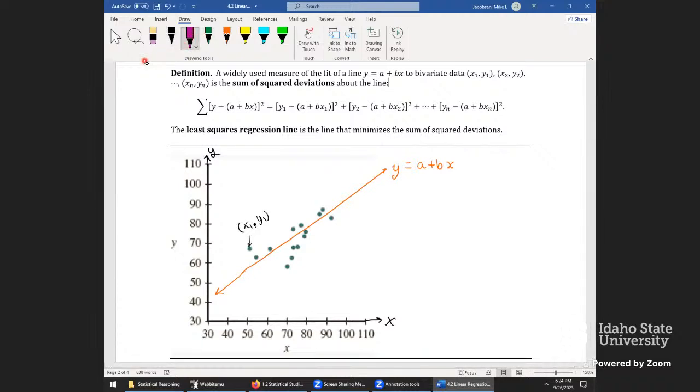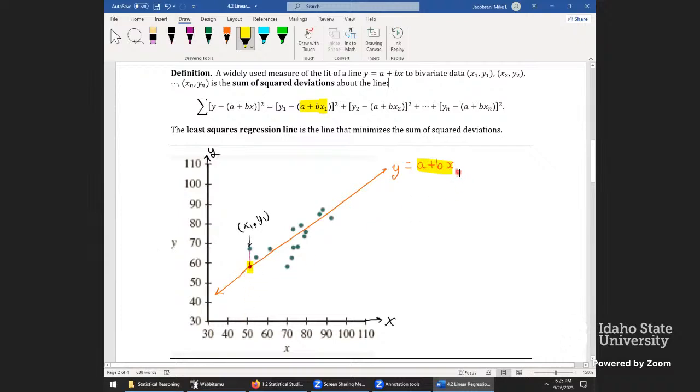is these vertical distances. There's this separation between the actual data value we had, which is in green, and the value that would be on the line. The value on the line right here would be the predicted value coming out of the equation, y equals a plus bx. We're seeing that equation right here coming from that point, and that's what you're seeing right here, a plus b x1.